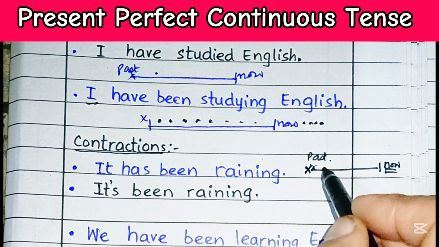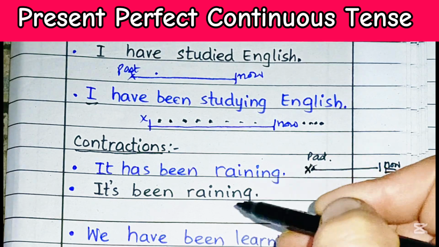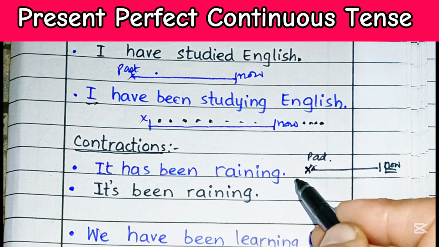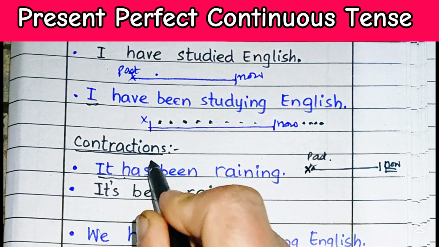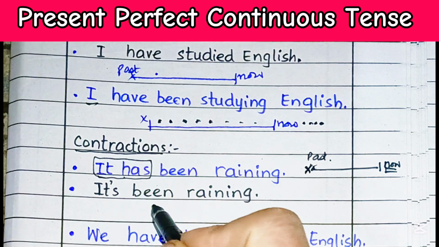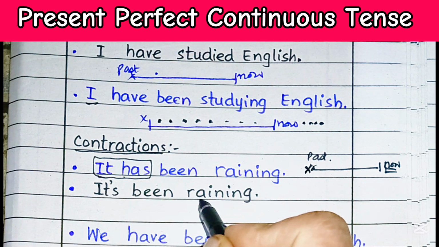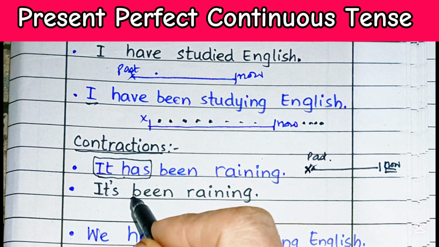This could be over several days or just a very short period of time, like an entire day. Sometimes we put these two together, it and has. So it's been raining. It becomes a contraction.